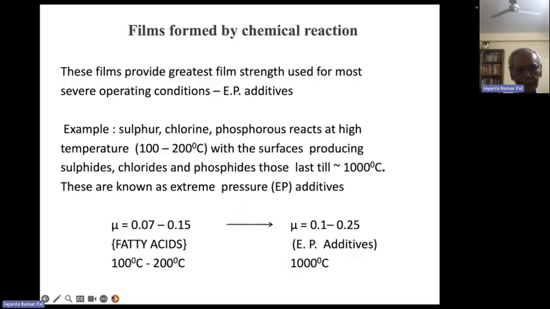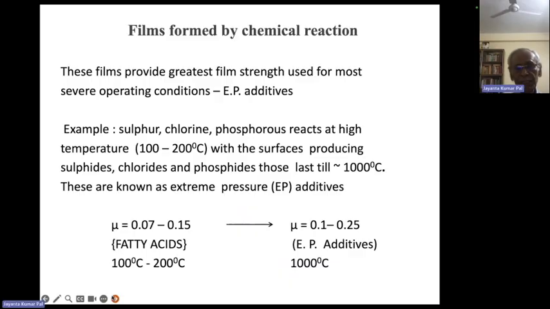And these are known as EP additives, because they will lubricate the surface even up to a fairly high temperature. So we can conclude here that fatty acid can protect the surface for a lower temperature, say 100 to 200 degrees centigrade, and the coefficient of friction will be of the order of 0.07 to 0.15.